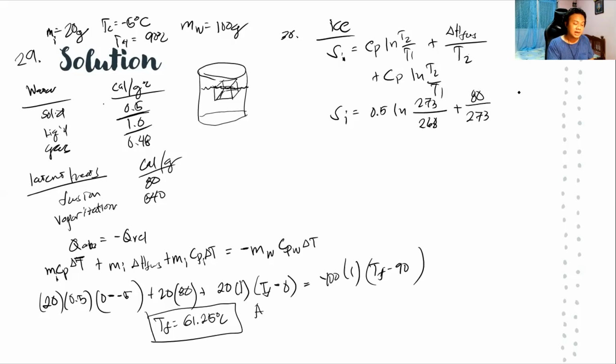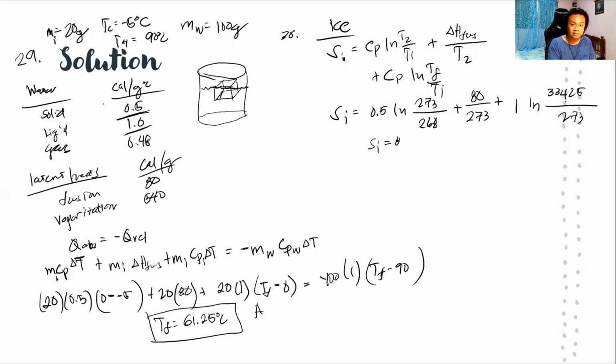Then we have Cp, which is actually 1. Then ln of the new temperature that we got, di ba, the 61.25, just add 273 to it, then you can get 334.25, so that you will not be confused, and then divided by 273. Then you can get the entropy of the ice, di ba?